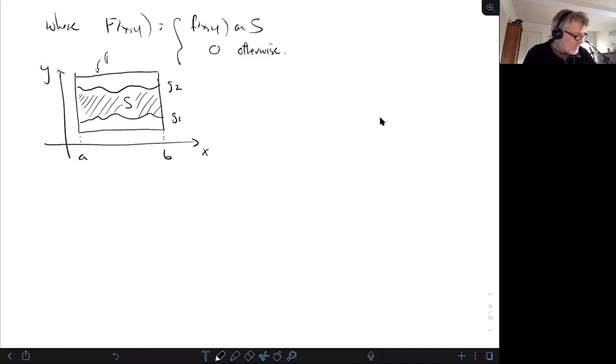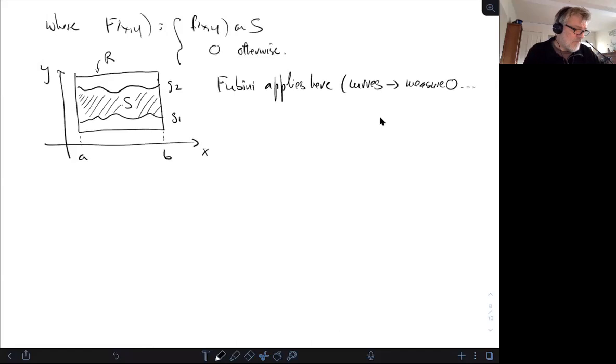And this is my rectangle R like that. These curves are the boundary of S. They have measure 0, so Fubini actually applies. Okay, so we're good.